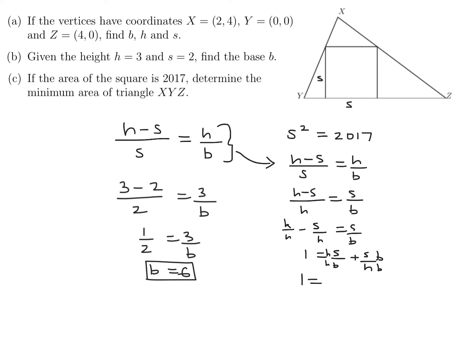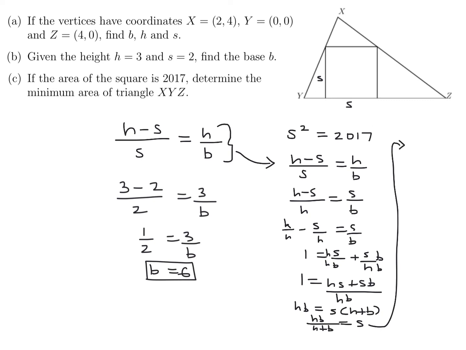So that's going to be hs plus sb over hb. Okay. And I think I can bring the hb, and then I'll factor out the s, h plus b, and therefore s is hb over h plus b. So exactly what I wanted. I wanted an equation in terms of s, and I have it.